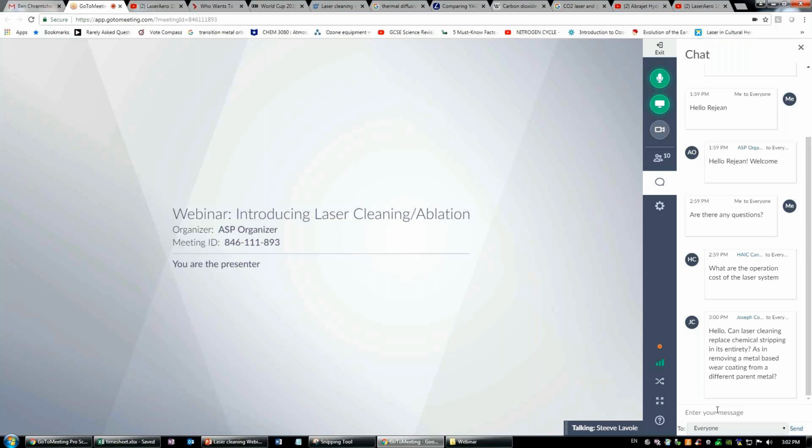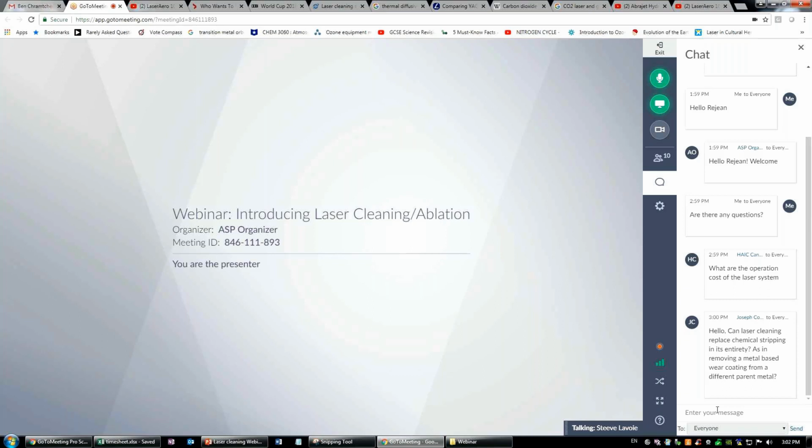clean, and you can substitute the chemical with laser, but not in all cases. So it's a case by case situation where we need to see what you want in terms of results and what kind of dirt or layer or coating you want to remove. But if the unwanted surface absorbs light from the laser that we are using, then there's a good possibility that it works.